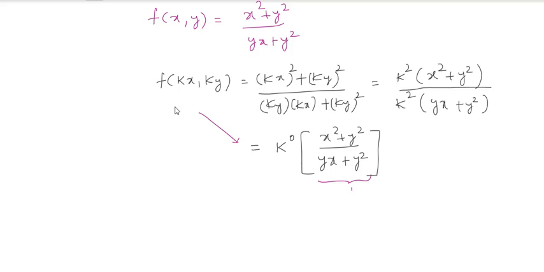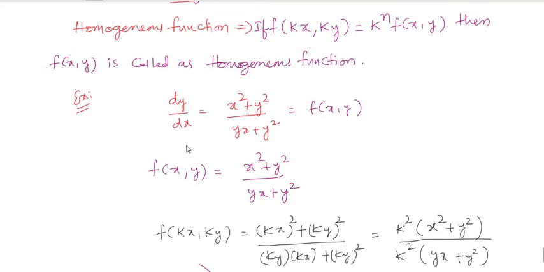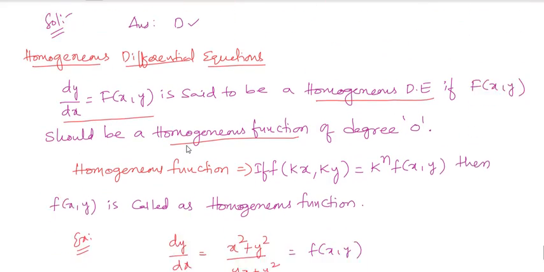Am I right or not? If it is possible to write it in this form, I can call it a homogeneous function. Then the given function dy by dx equals f of x comma y is a homogeneous differential equation.